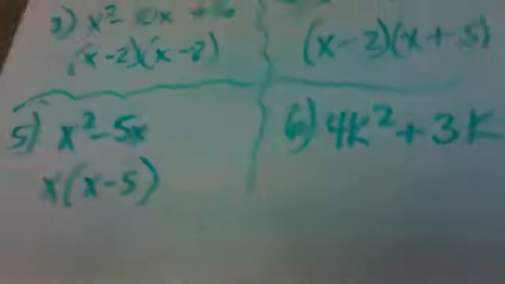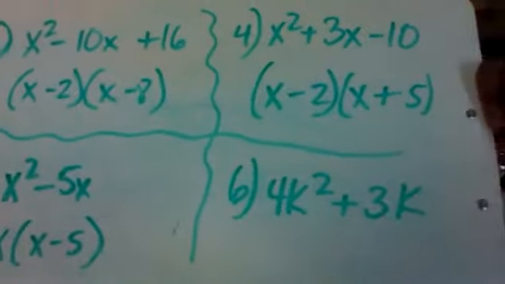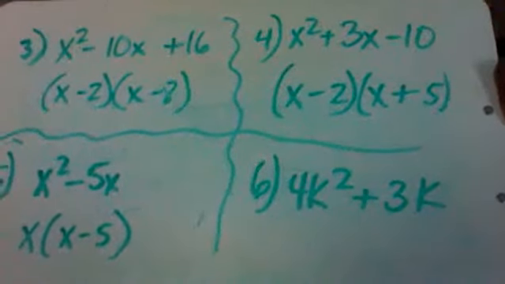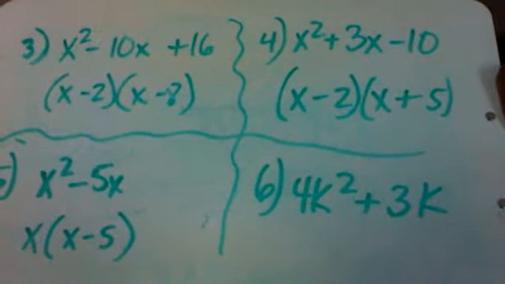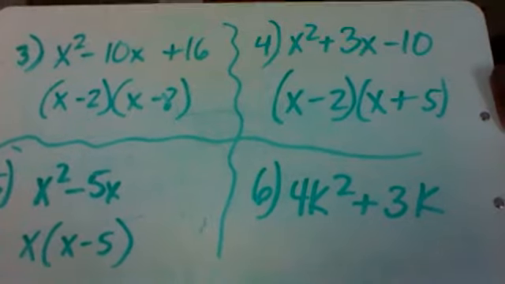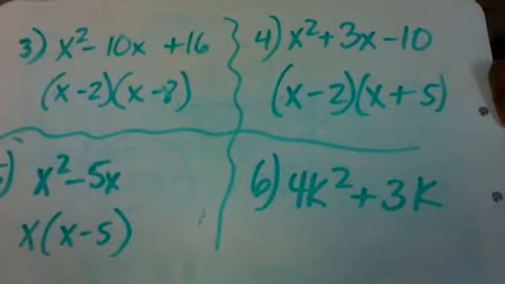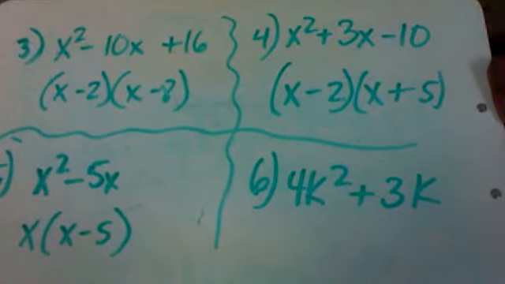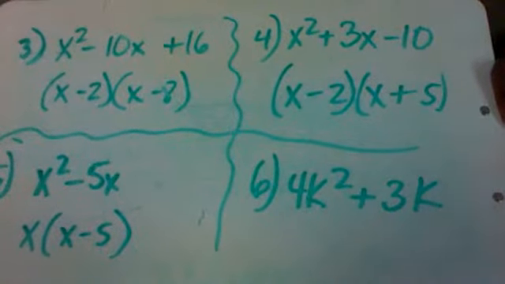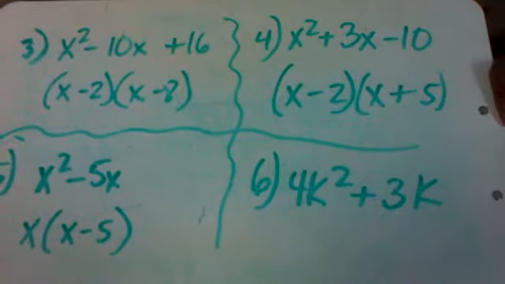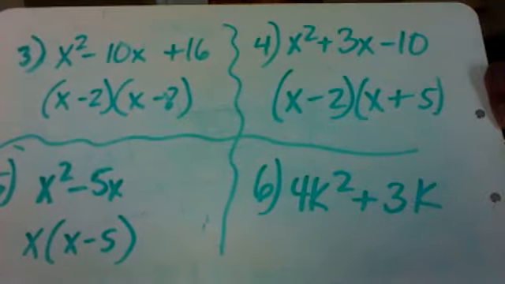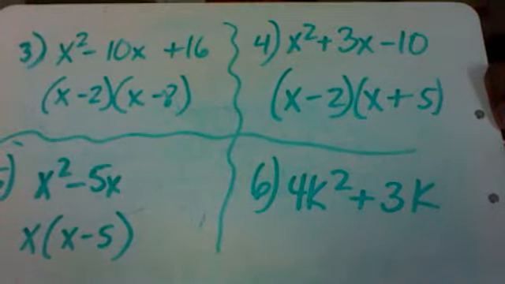Alright, last one I'm going to do is 6. Very similar to 5. Just want to make sure when you get to your assignment you have no issues. Alright, if you look at number 6, you have 4k squared plus 3k. Alright, you notice it's 2 terms. As soon as you see 2 terms, you know that you're probably not going to factor. There is a type you can factor, but pretty much we know you're probably going to be factoring out a variable.